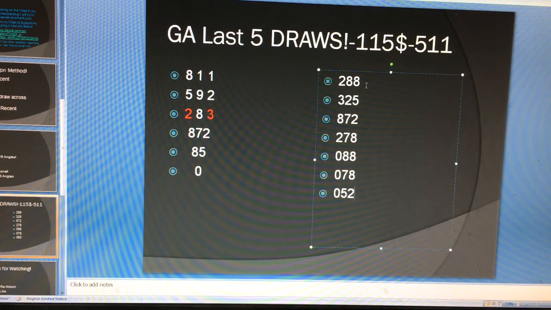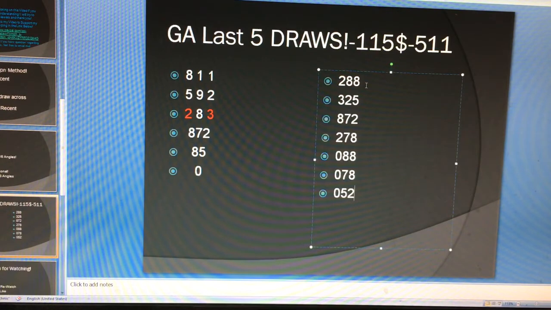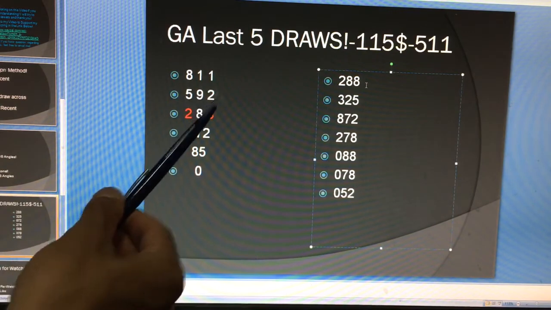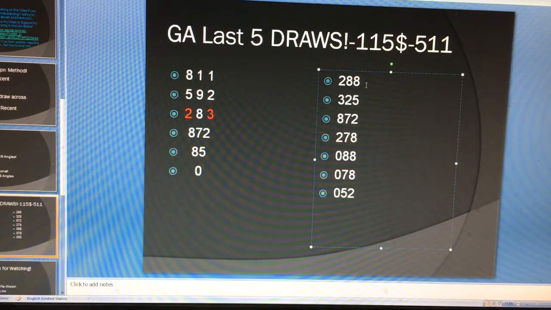So that's the only difference. It can only be played as back pair. That's why it's called the Pentagon method. And where is your hit? Your hit is 592. You change the back pair to double 11, you get 511.